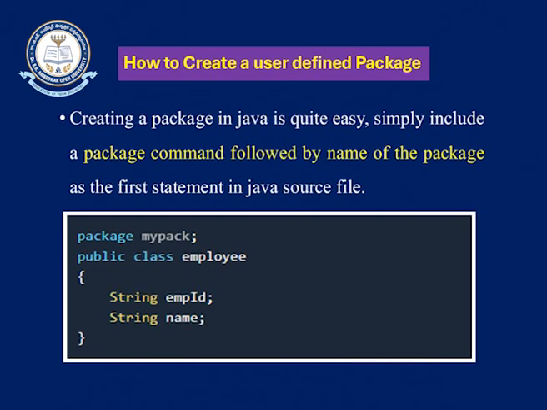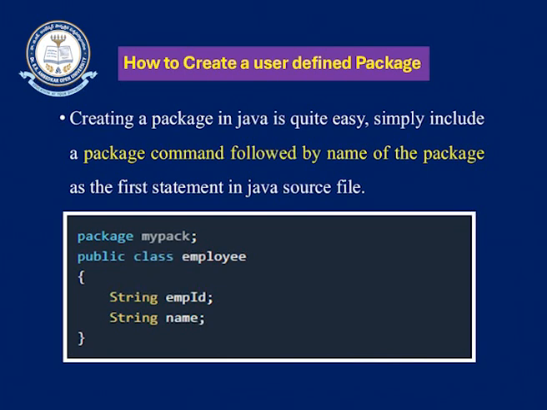The code we need to write: the first statement should be the package statement. You must write the package statement like package space mypack semicolon. That should be the first statement while you are developing the package. After that, you can write as many classes as you want to maintain in that package.